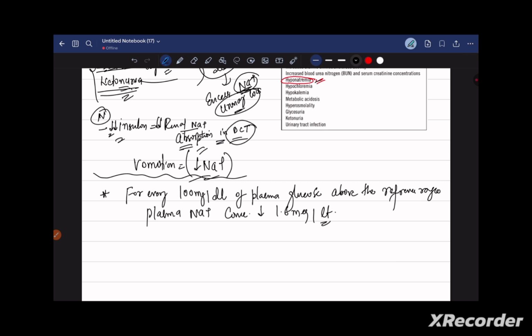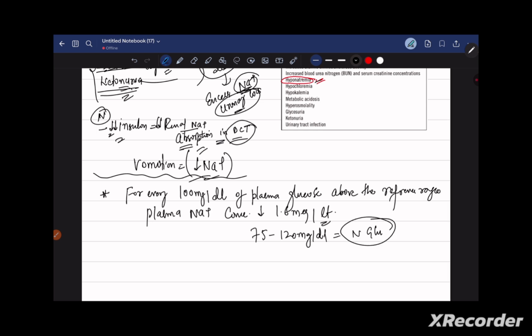The normal glucose concentration in the canine and feline body is 75 to 120 mg per dl.